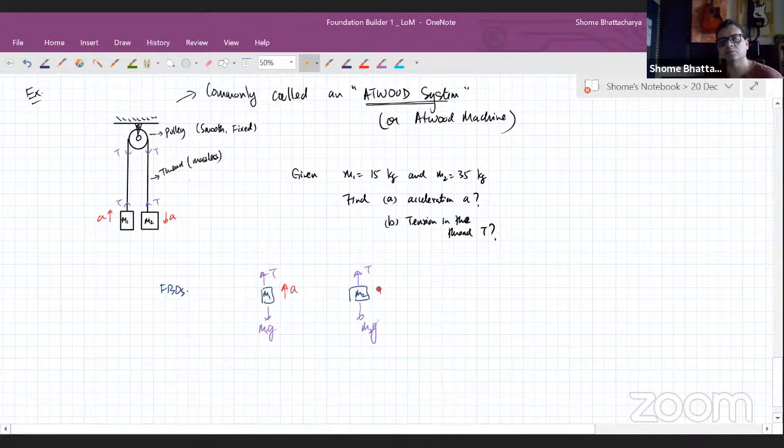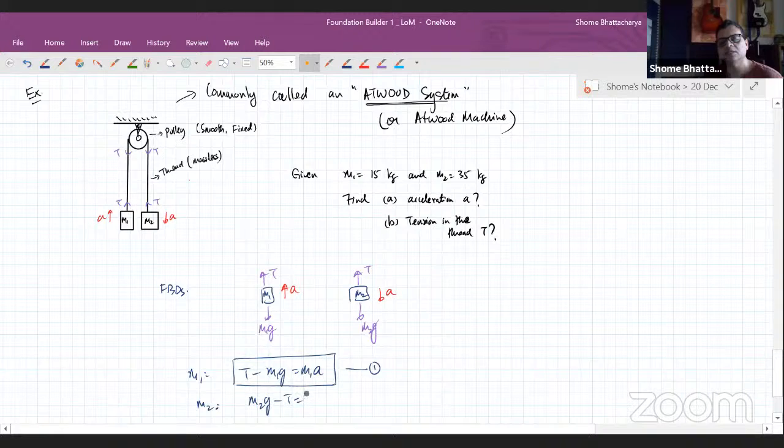This one has acceleration a upwards, and this one has acceleration a downwards. So for the M1 block, the equation will become T minus M1g is equal to M1a, because the net force should be upwards because its acceleration is upwards. Whereas for the second block, the net force should be downwards because the acceleration is downwards. So M2g minus T is equal to M2a.